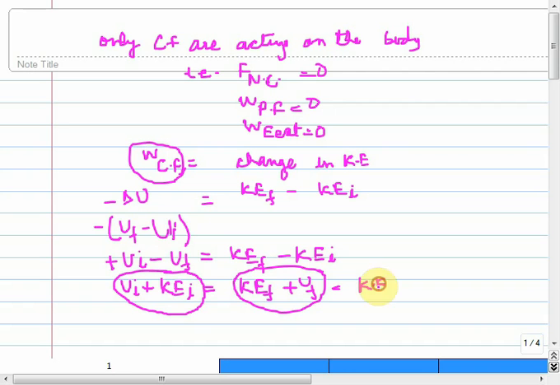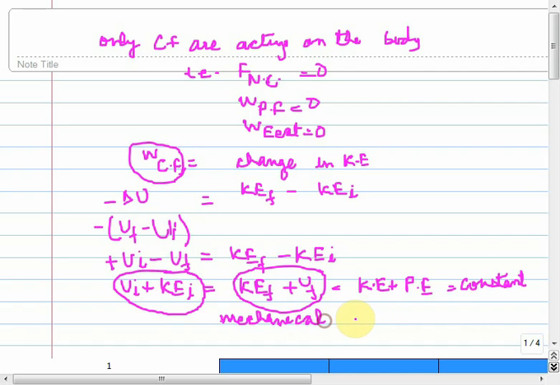Now this KE final plus U final, or U initial and KE initial, we have proved that KE plus PE, for a conservative force only acting, is equal to a constant. This is called mechanical energy.